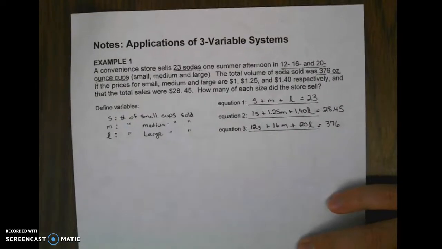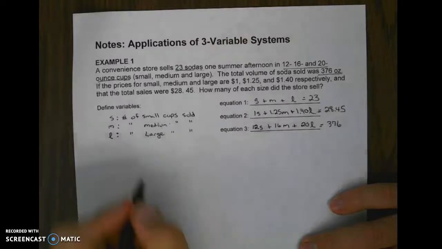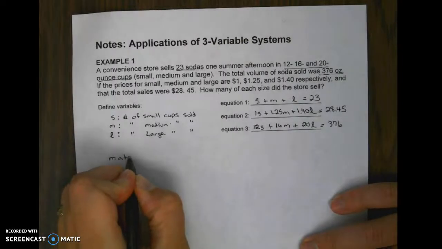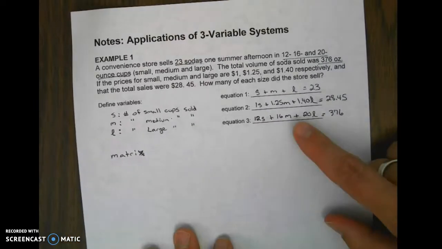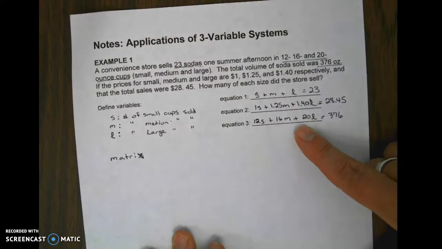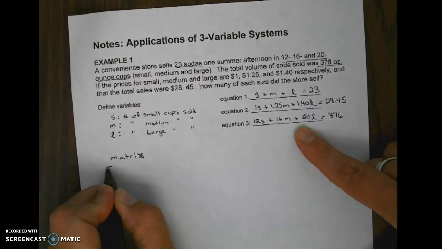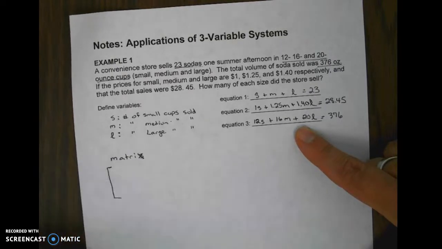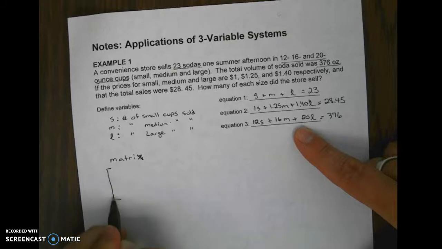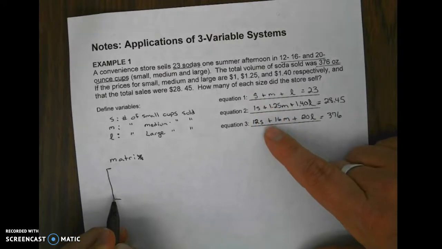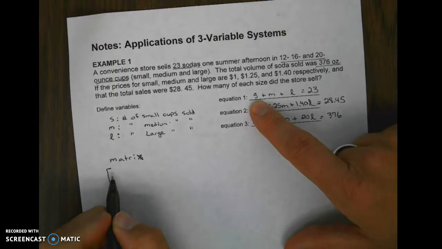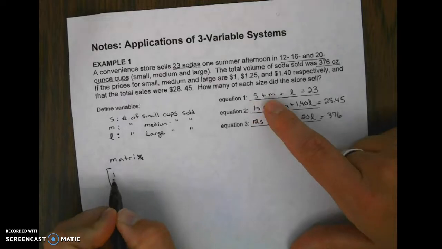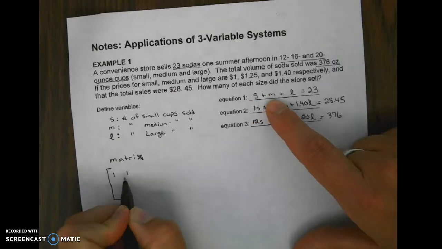The next thing I want to cover is how to write a matrix. We're going to write a matrix using this. You should remember this a little bit from Algebra 1, hopefully. So we use a large bracket so that we can fit 3 equations. And starting off with our first equation, we write down the coefficients on each letter. So we have a 1, 1, and a 1.